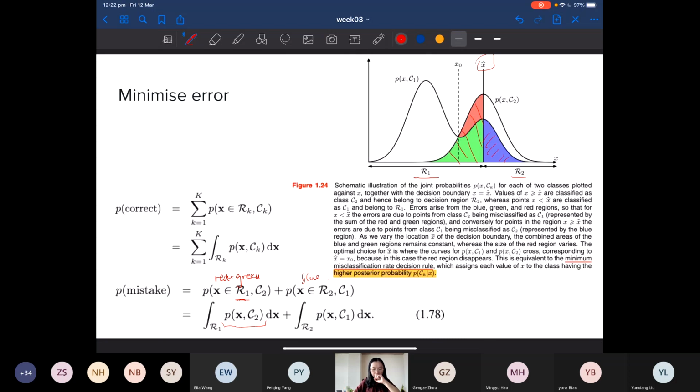Equivalently, 1 minus the probability of error is the probability of being correct. So we want to maximize the probability of being correct. In this case, it's just 1 minus these terms, the joint probability of data and class.